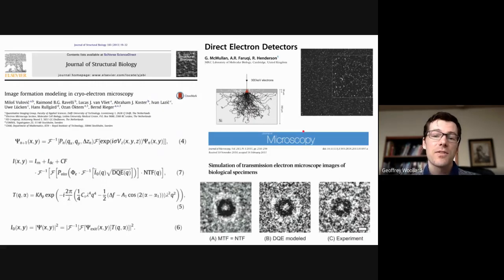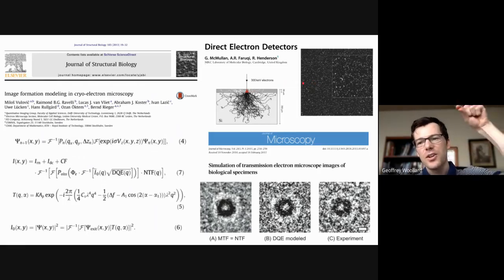We know a lot about the physics of the microscope and detectors in detail, and so we can simulate what those images look like. So this is the math that's involved in coming up with simulations, also of the noise, the shot noise, and the issues with the blurring out of individual electron detection events, because the electron, once it goes in its right pixel spot, it moves around and deposits energy and blurs out.